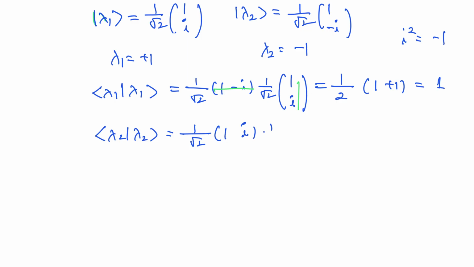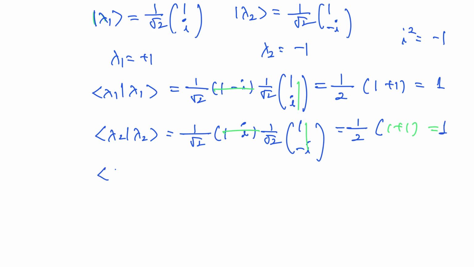We have (1, i) times (1, -i), 1 over 2. If we multiply this together, 1 minus i squared is again 2. 1 plus 1 is 1, right?